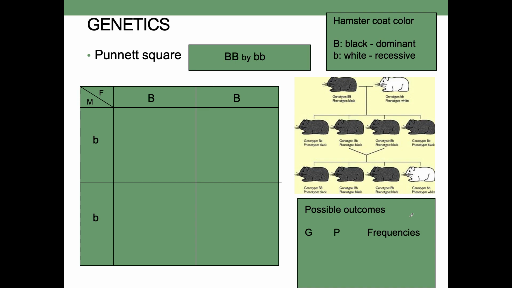Okay, so let's go through another example of a Punnett square of a simple trait with two alleles. So the trait is hamster coat color, and the alleles are a black coat color allele and a white coat color allele.